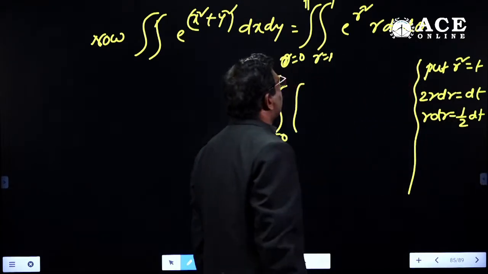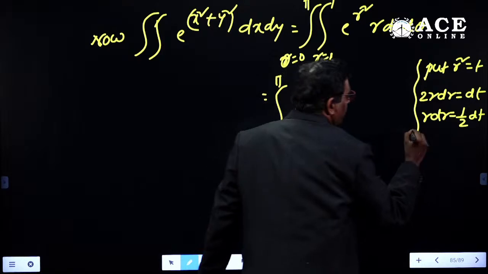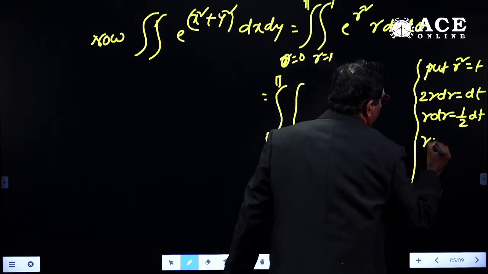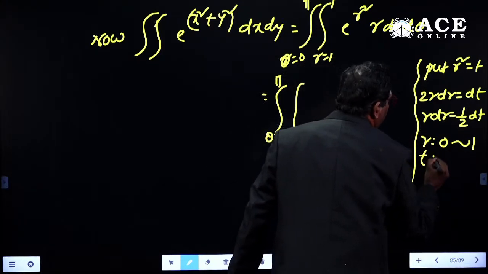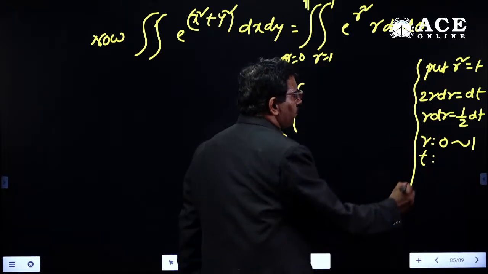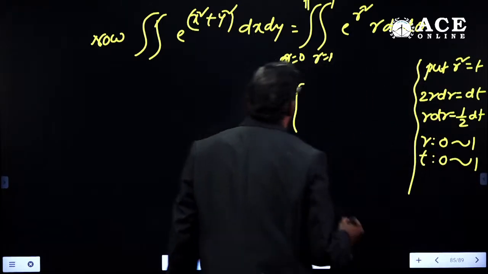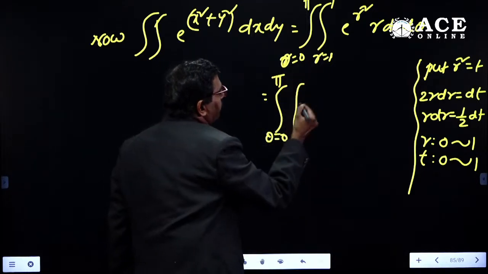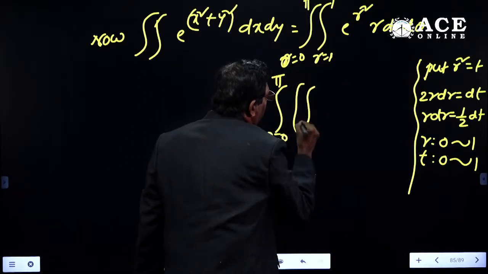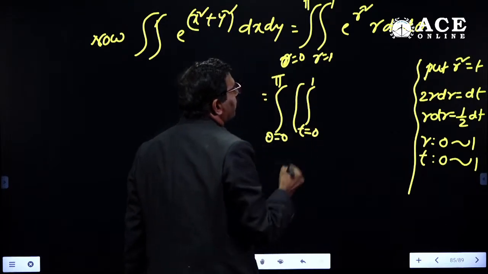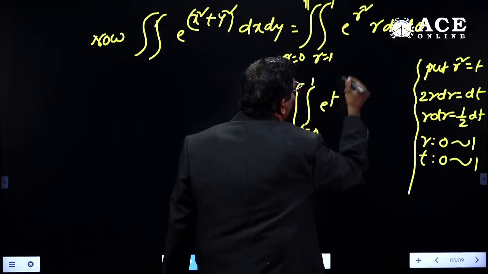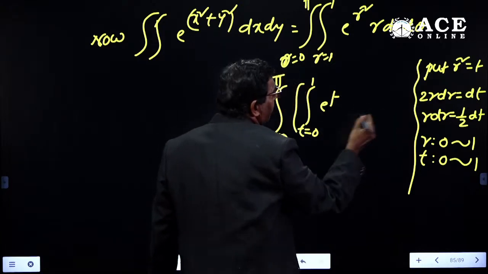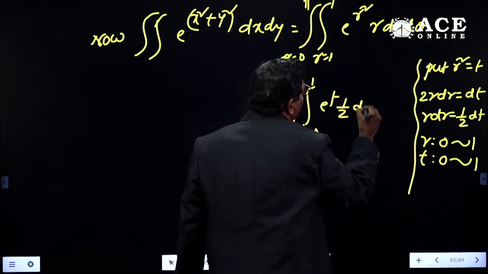Now coming to limits, r varies from 0 to 1. When r is equal to 0, t is 0, and when r is equal to 1, t is 1. Now the integral from 0 to pi, t from 0 to 1, e power t, r dr is nothing but 1 by 2 dt.